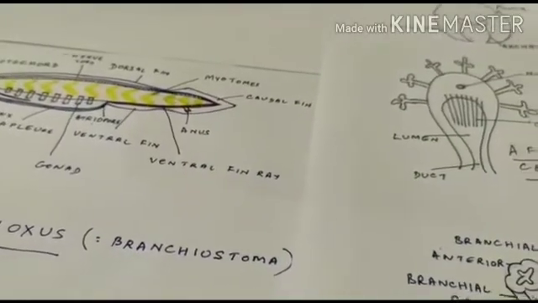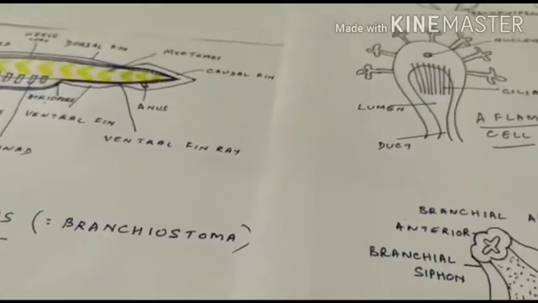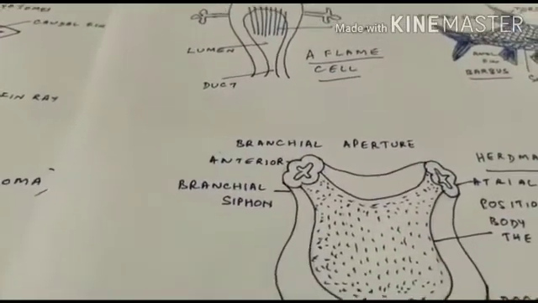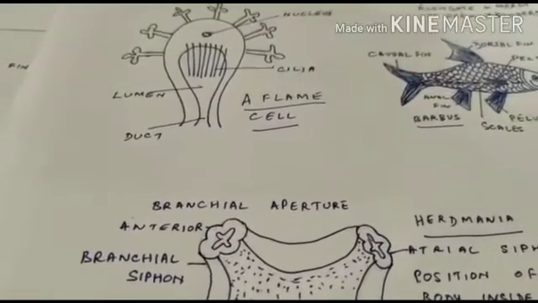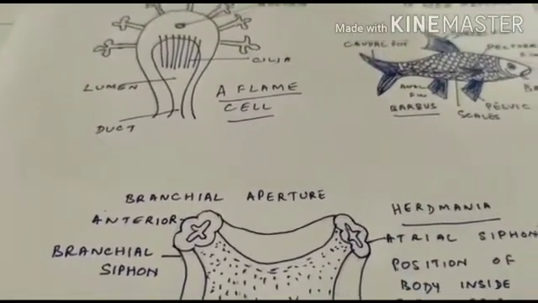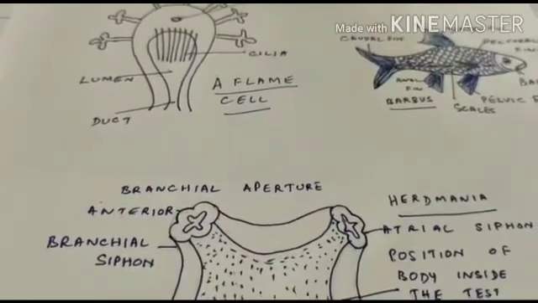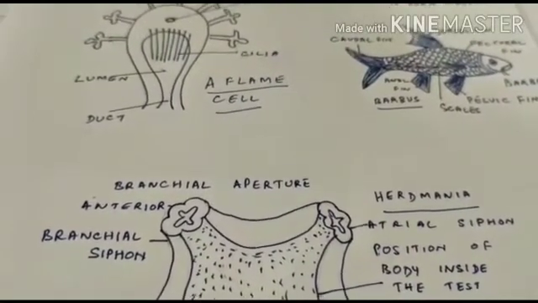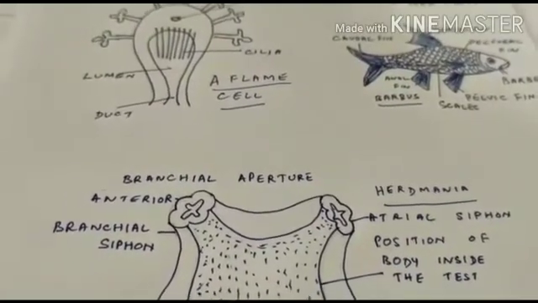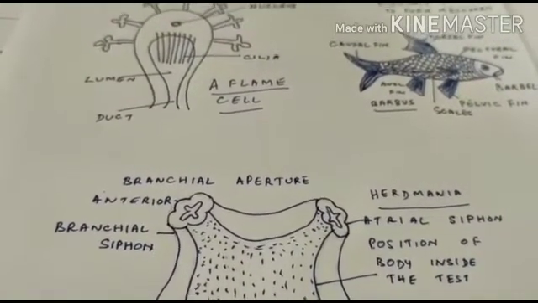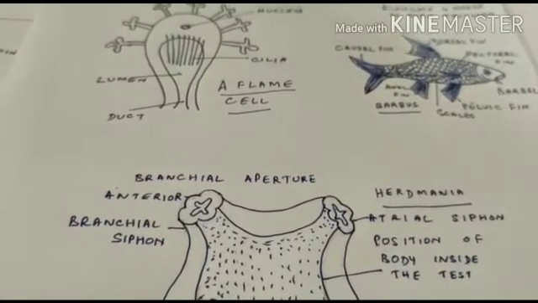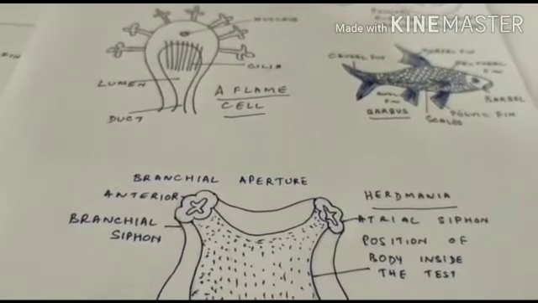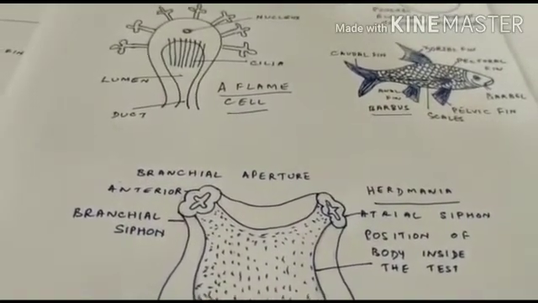Now we must try to understand that there are three types of features in case of cephalochordates. One are the primitive features where the simple characters are present in the adult, and second are the specialized features where simple characters during a course of time develop into complex ones, and these complex features help to perform a particular task.